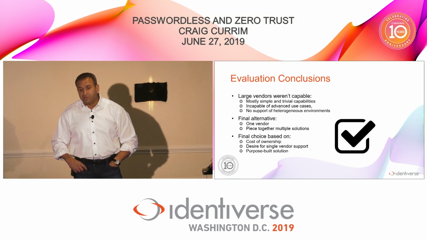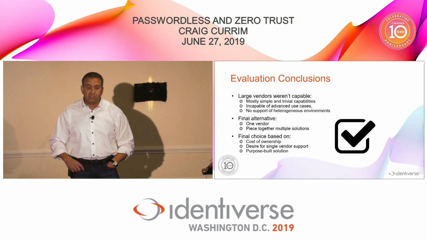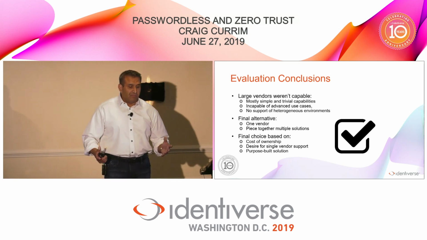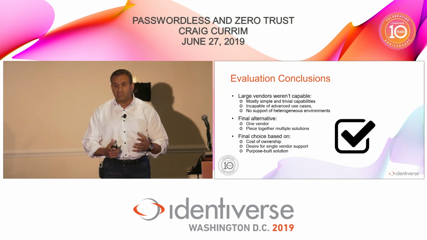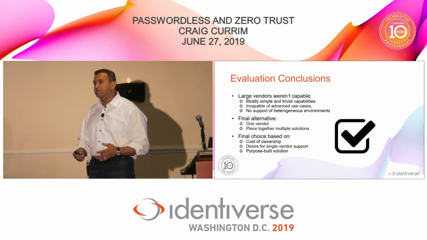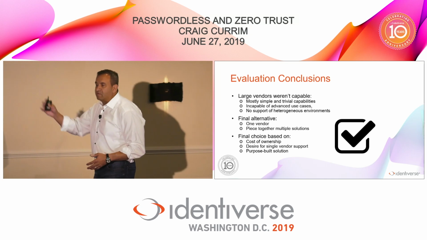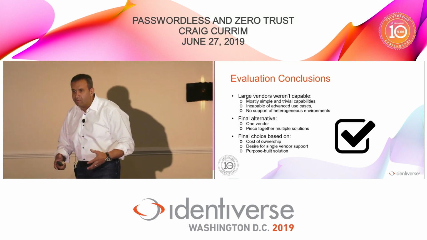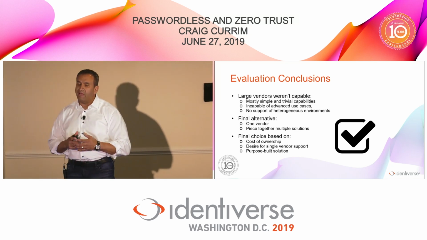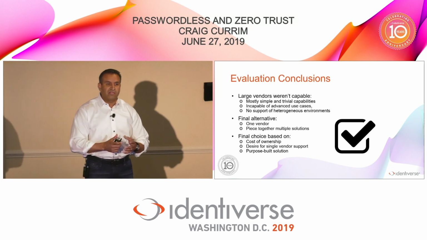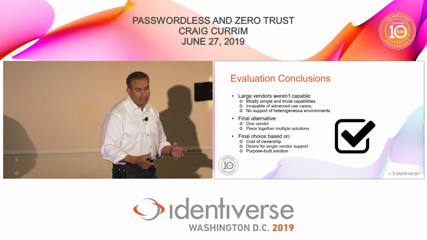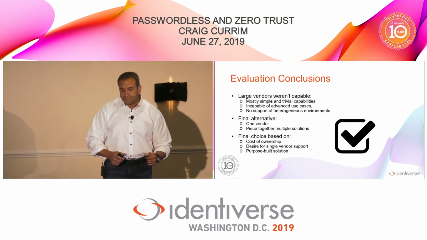So, not being able to support heterogeneous environments, hard to support cloud environments, taking an appliance and just making it software and putting it in the cloud doesn't mean that it's cloud ready. It's just running in a data center somewhere else, but it's still anchored to the data center, right? Having something truly cloud ready that can span clouds is a whole different type of architecture, right?